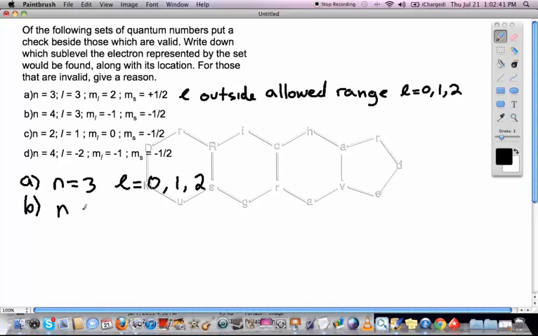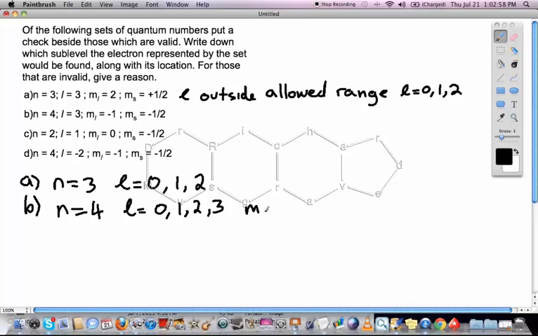Alright, looking at the next one, this is B. We've got n equals 4. That means L can equal 0, 1, 2, or 3. And you can see that L equals 3, so that looks to be good so far.